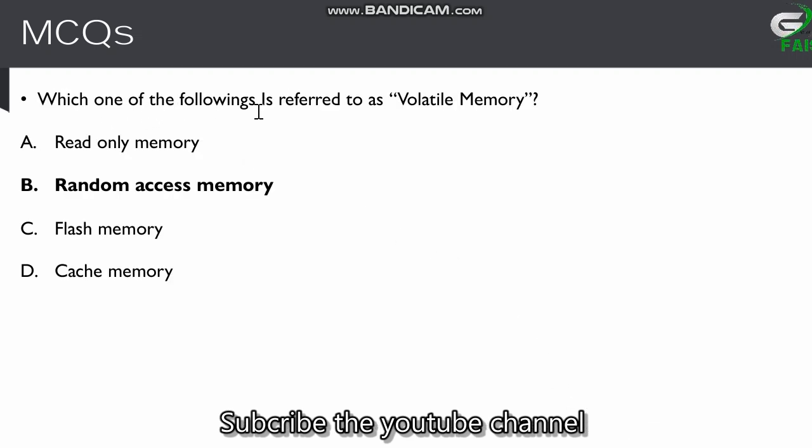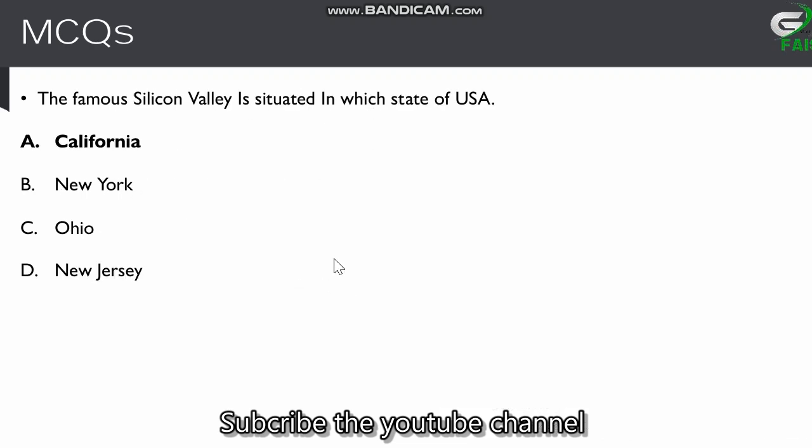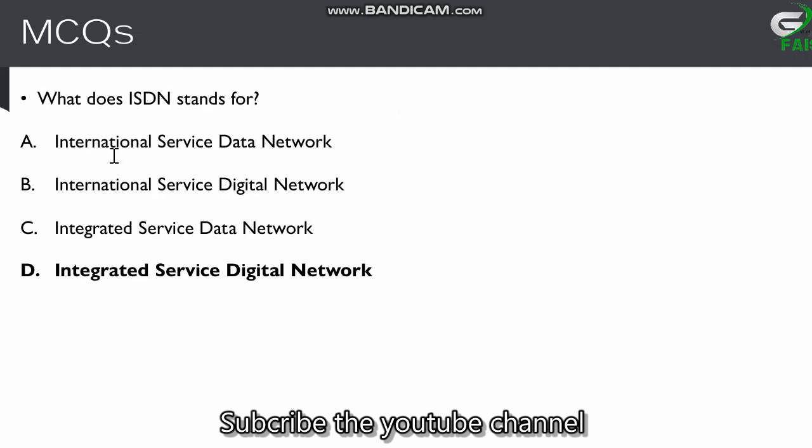Which one of the following is referred to as volatile memory? Random Access Memory. The capacity of the hard disk depends upon the number of disk platters and tracks. Famous Silicon Valley is situated in which state of the US? California.